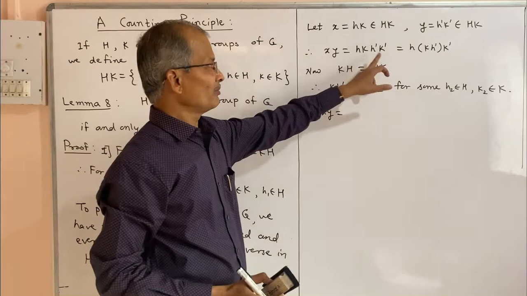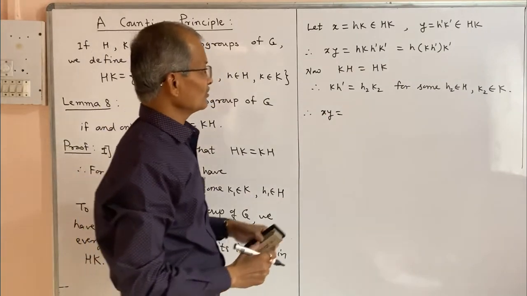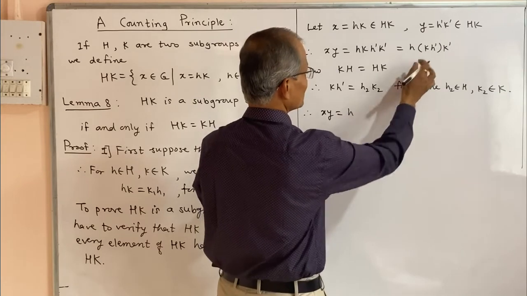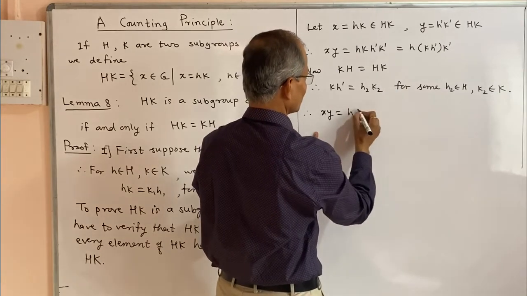The middle two elements are grouped, and now kh' is h2k2.